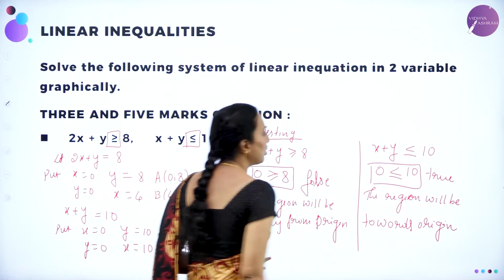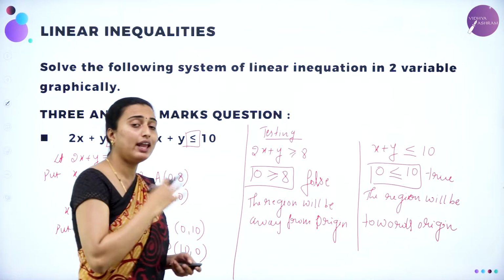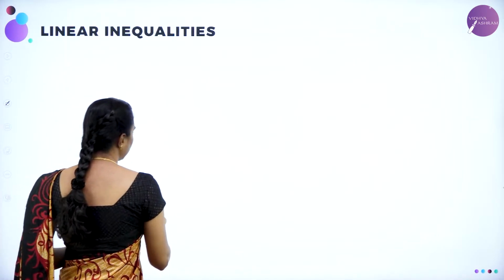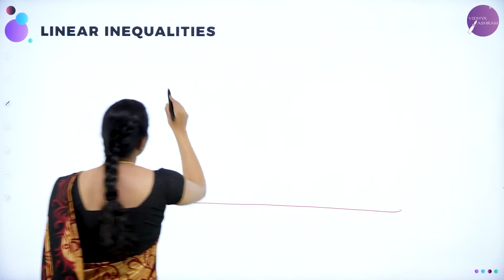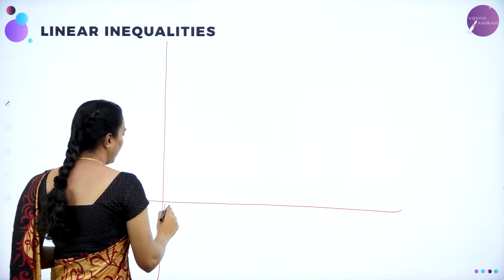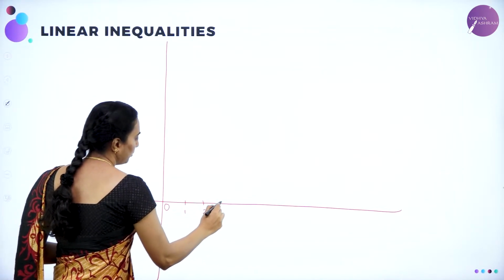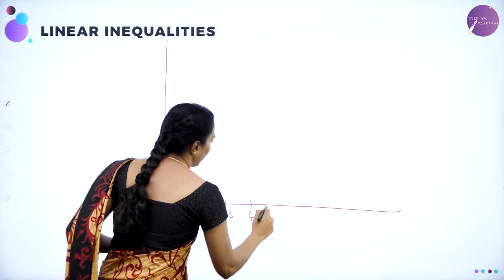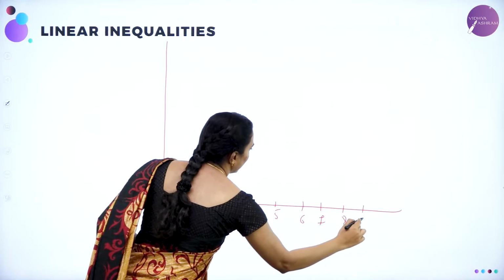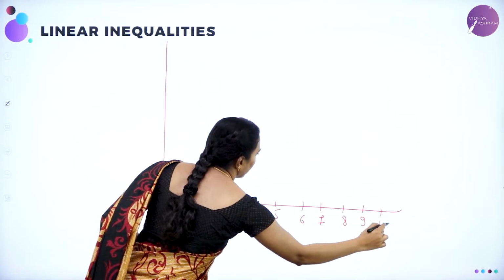Now, let us draw the graph of this, where the x and y axes will go up to 10 units. So this is the x-axis and this is the y-axis. Here you have the origin, 1, 2, 3, 4, 5, 6, 7, 8, 9 and then 10.